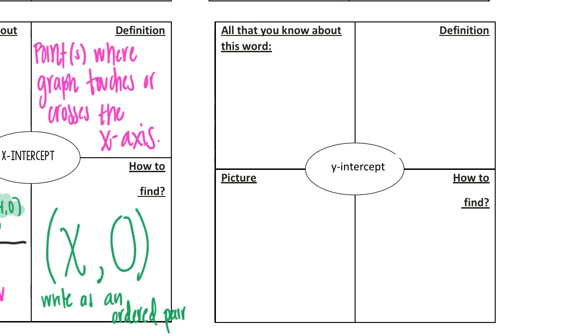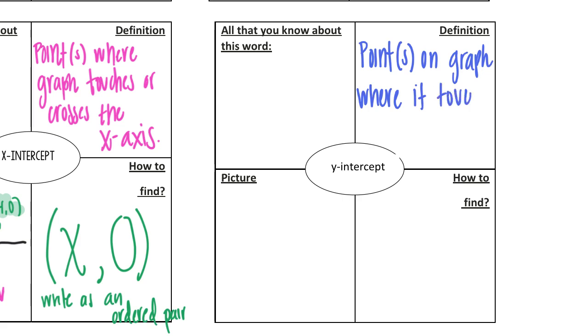The Y-intercept is the point or points on the graph where it touches or crosses the y-axis.